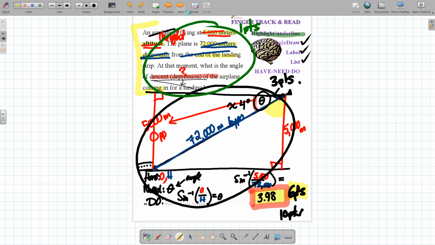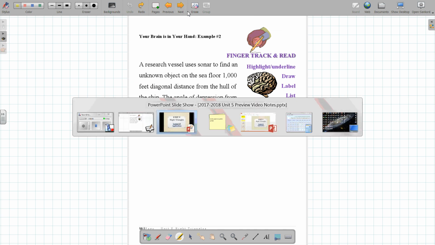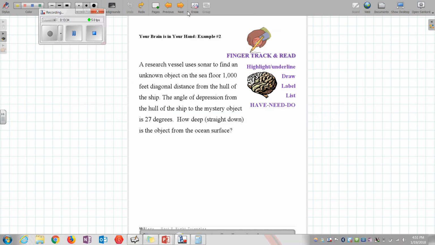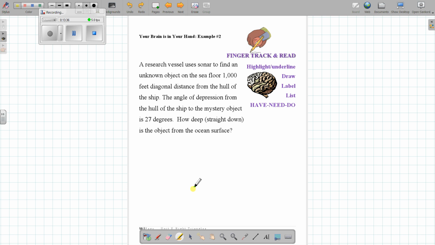Let's do 2 more problems together. Finger on paper. A research vessel uses sonar to find an unknown object on the seafloor 1,000 feet diagonal distance from the hull of the ship. The angle of depression from the hull of the ship to the mystery object is 27 degrees.